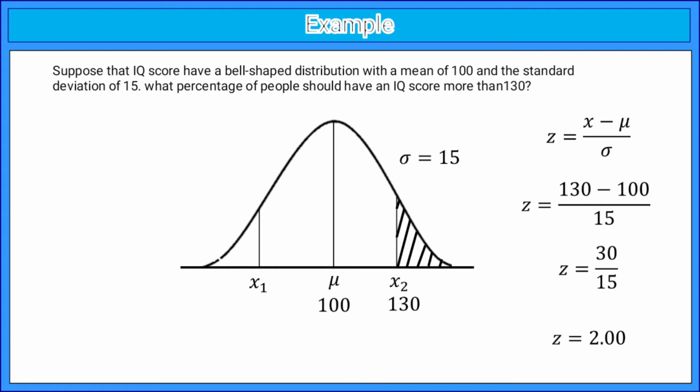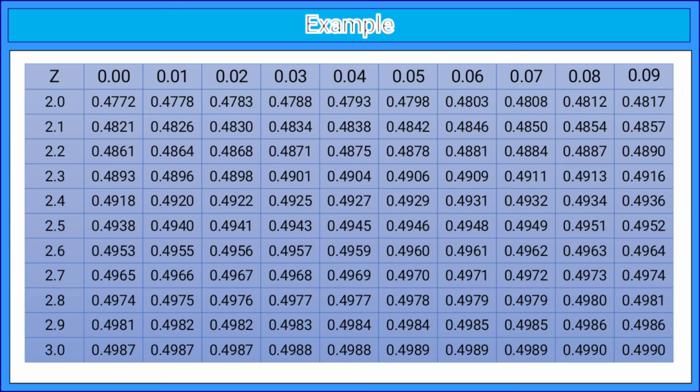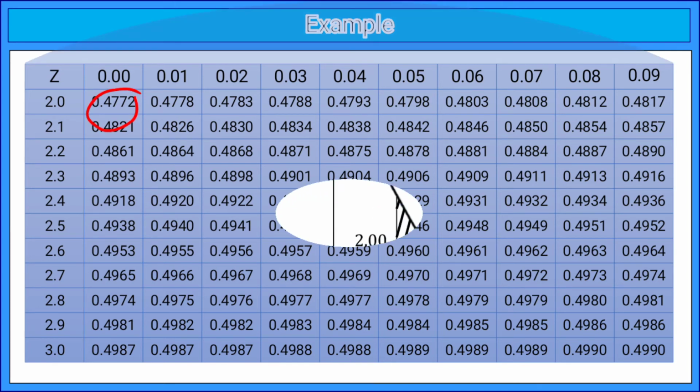And for this portion, we are going to use the standard normal distribution table again to get this value. 2.00 will lie here again, 0.4772.